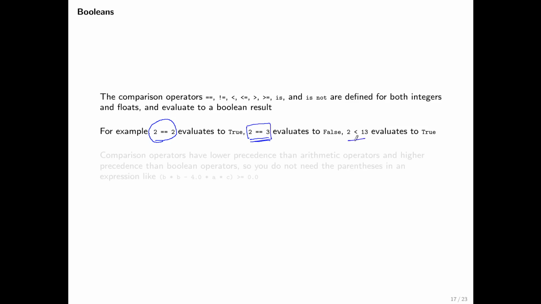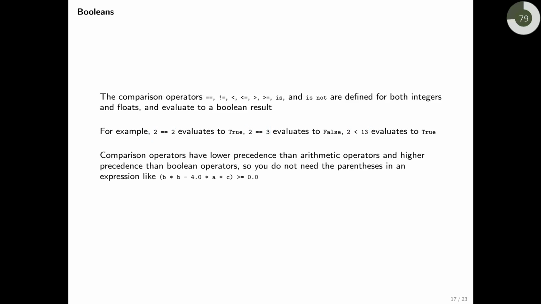And then in here we compare 2 with 13 using the less than operator, and this evaluates to a Boolean expression that is true, because 2 is actually less than 13, right? So that's how comparison operators work. They operate on numeric types, but the end result is a Boolean expression with the value true or false.